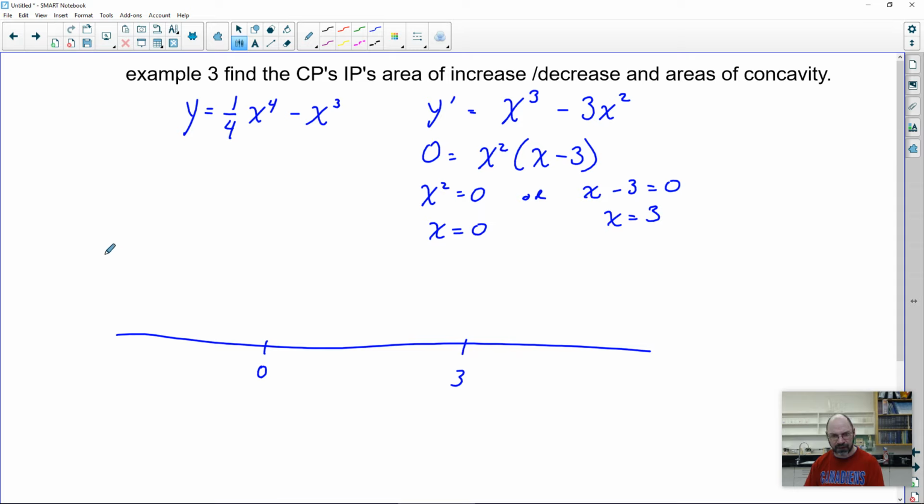So x squared, well, we know that x squared is going to be positive all the way through. It's going to be 0 there, but positive all the way through. Okay, x minus 3, it's going to be 0 over here.